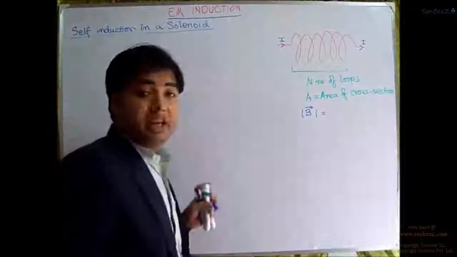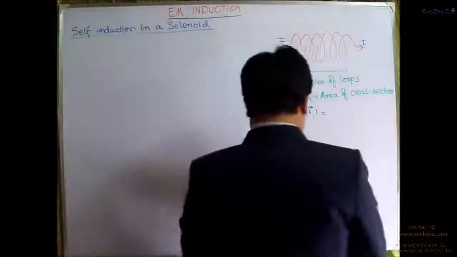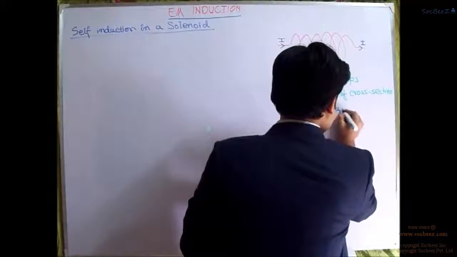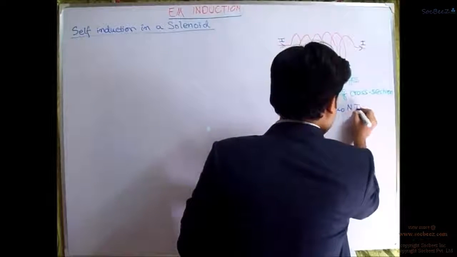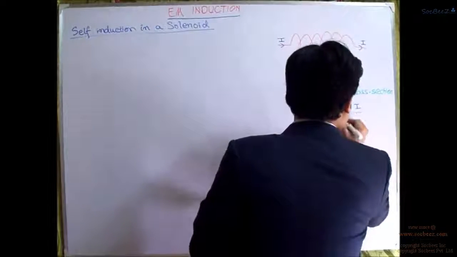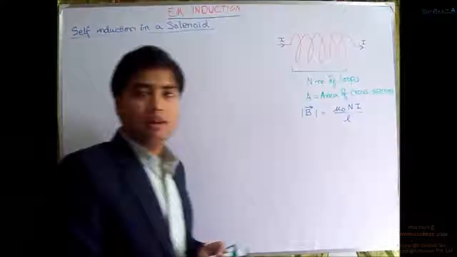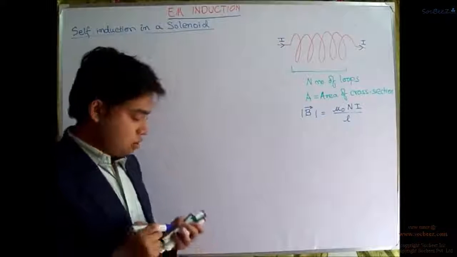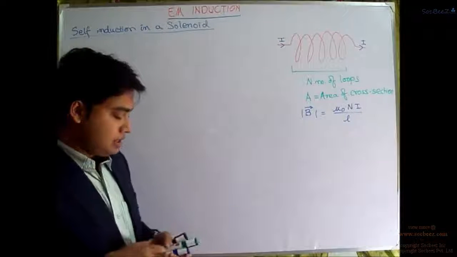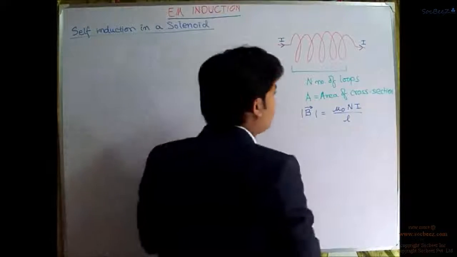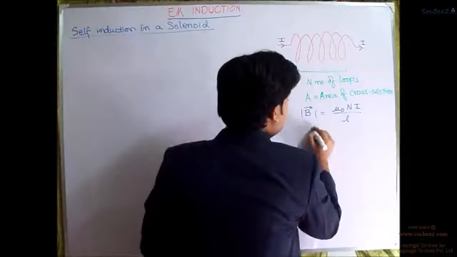Now we could take that this is I, the current, and this is B, the magnitude of B. It will be equal to, in this scenario, mu naught N i divided by L, where L is the length of this solenoid.